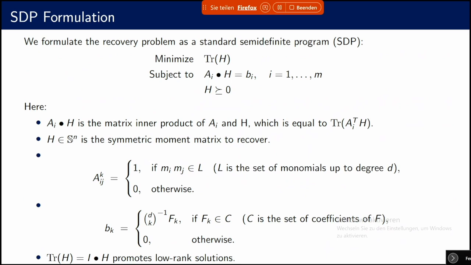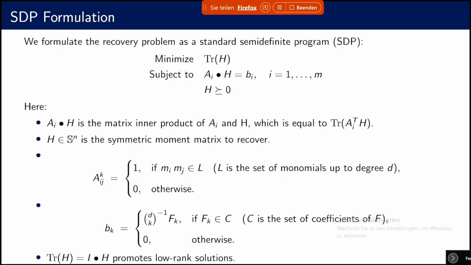Let's formulate this problem as a standard SDP problem by minimizing the trace of H. H here is our Hankel matrix to recover, and it is subject to some linear constraints. H is the symmetric moment matrix to recover, and it has a low-rank solution.